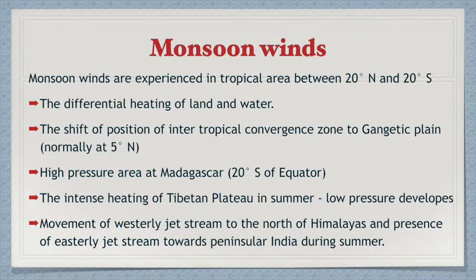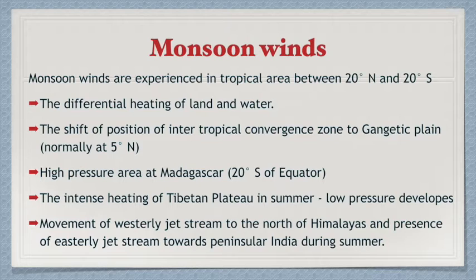Next, monsoon winds. Monsoon winds are experienced in tropical areas between 20 degree north and 20 degree south. How do monsoon winds develop? First reason is the differential heating of land and water. When the sun apparently moves towards north in summer, land in northern India heats more and low pressure develops, whereas water in the southern ocean is heated lesser than land.